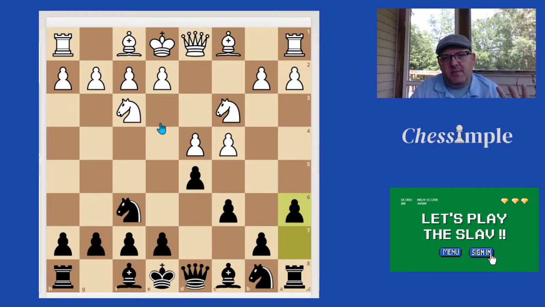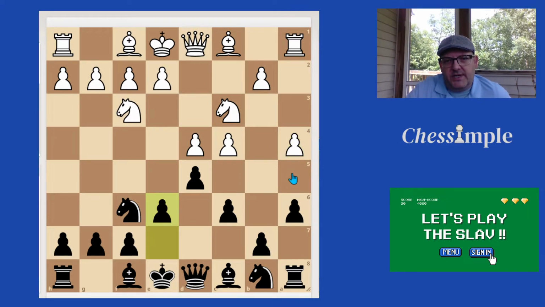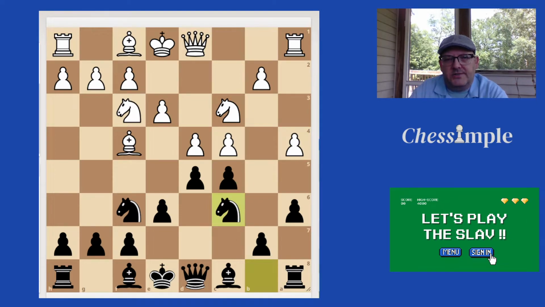So we got kind of our main setup, and let's say they play a4 here. Well, we know from our first alternative setup that we play e6 here because we want to prevent white from playing a5. So now let's say they play bishop to f4. Well, then we can hit them with c4 and aggressively contest the center.